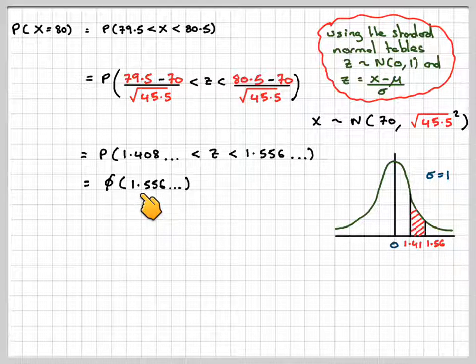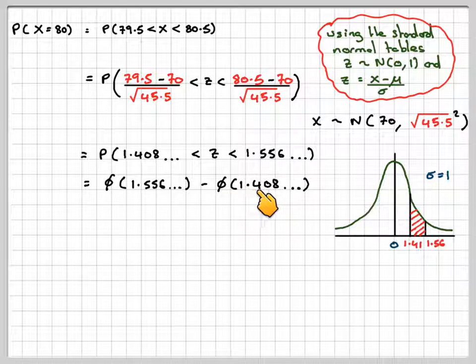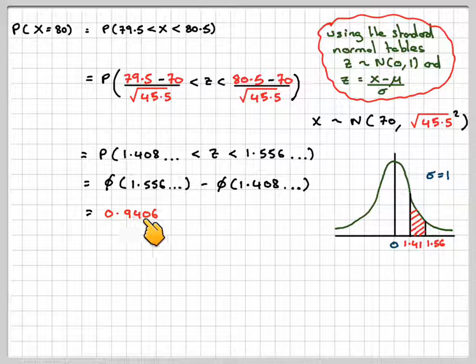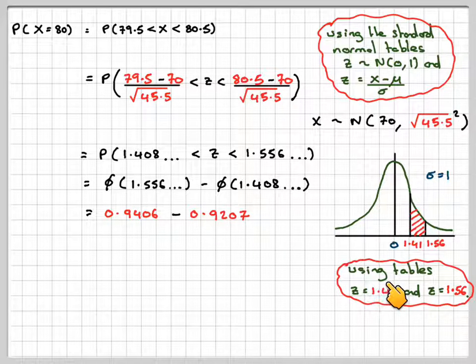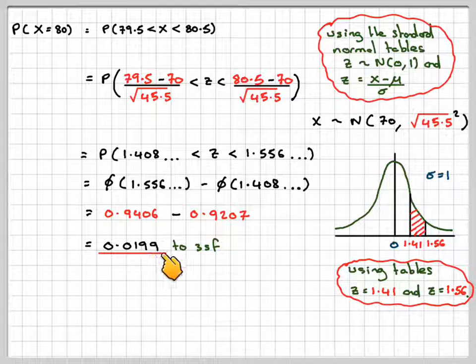So it's phi of 1.556 minus phi of 1.408 from the tables, which gives me 0.9406 minus 0.9207. And we've been using tables there, for Z is 1.41 for that one and 1.56 for that one. That gives me 0.0199 to three significant figures. Now, if we do the normal approximation, that's what we actually get.